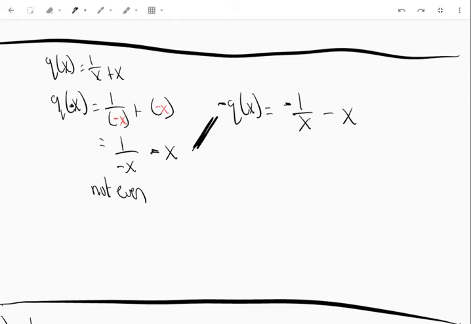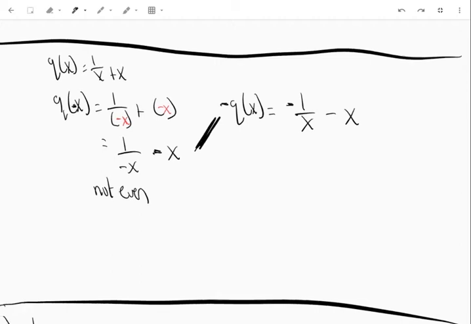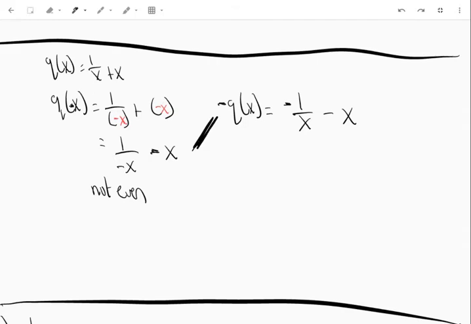And the answer is no. In the one to the left here, I have the negative in the denominator. In the one to the right, I have the negative in the numerator. Even though the negative is in a different spot, it overall has the same value. So negatives in fractions can go either in the numerator or the denominator, which means these are the same, which means this is an odd function.